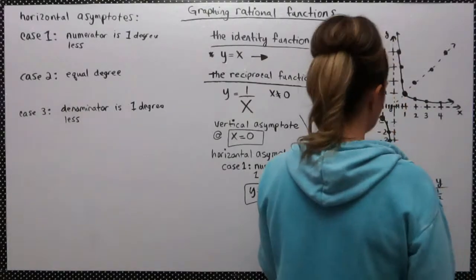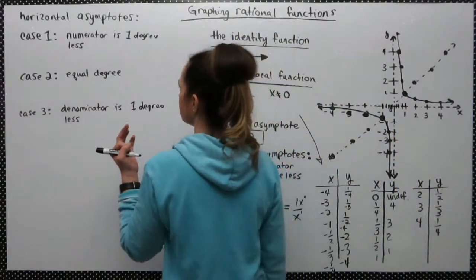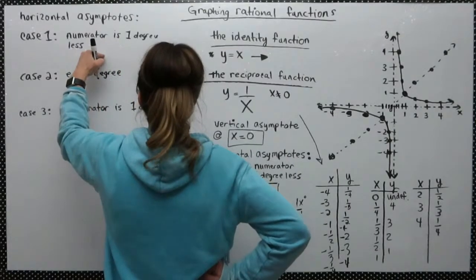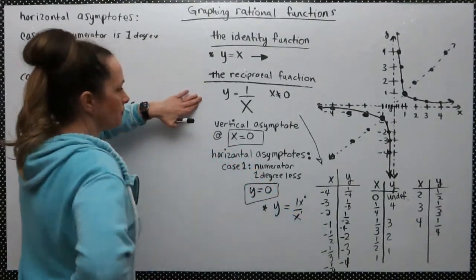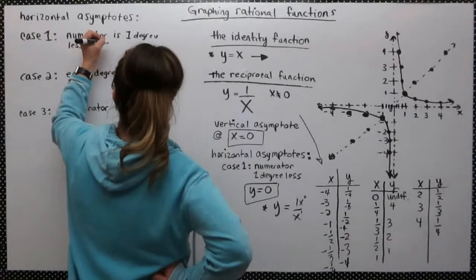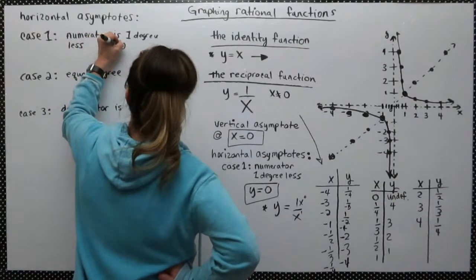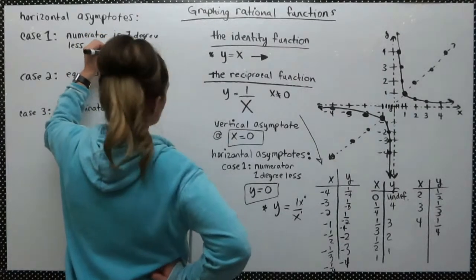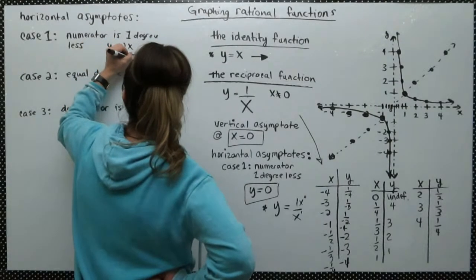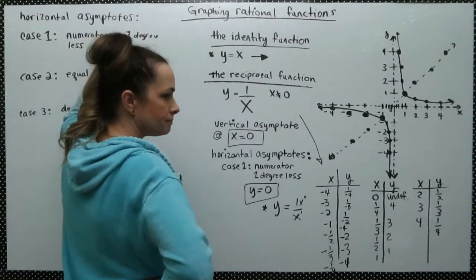Let me just see if I can come up with some examples real quick off the top of my head. If the numerator was 1 degree less, we already saw an example of that here. But it would be like this: y equals 2x over 3x squared plus 1.